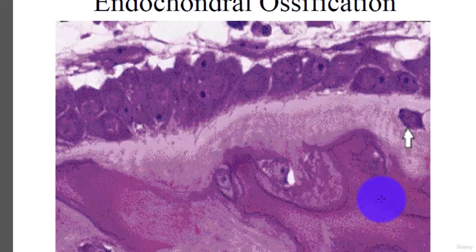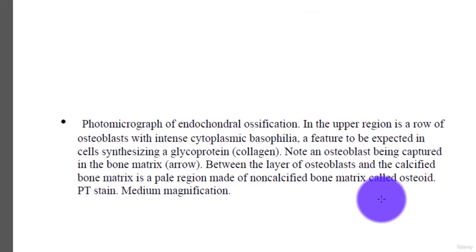Endochondral ossification. In the previous photograph, in the upper region is a row of osteoblasts with intense cytoplasmic basophilia, a feature to be expected in cells synthesizing glycoprotein and collagen. Note an osteocyte being captured in the bone matrix.